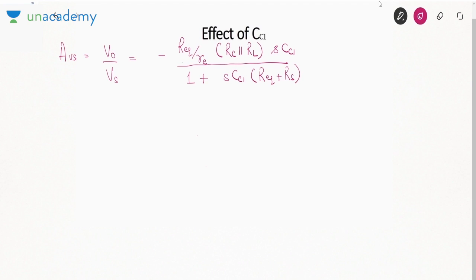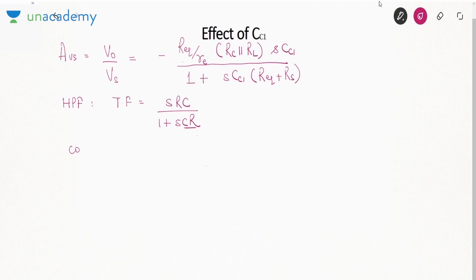Now earlier we saw in high pass filter the transfer function was SRC over 1 plus SRC. So if you compare this, then you can say in the denominator the term with S represents the cutoff frequency.